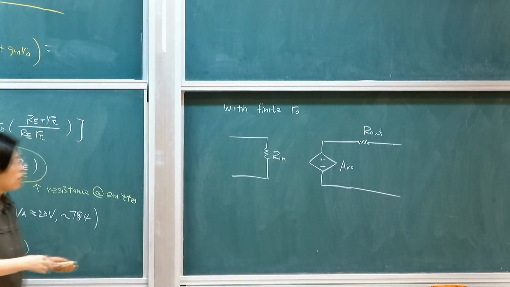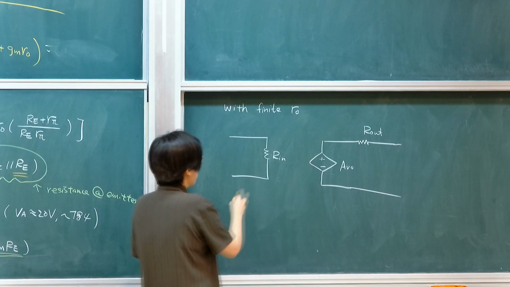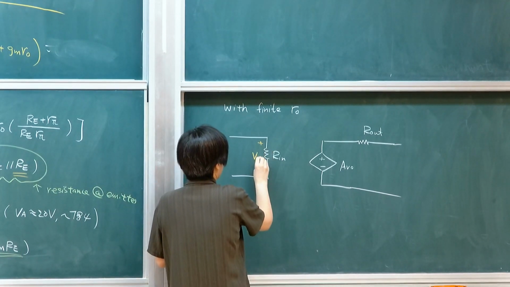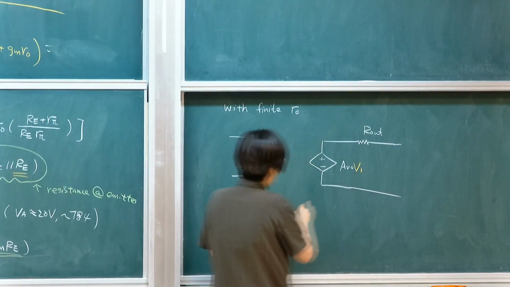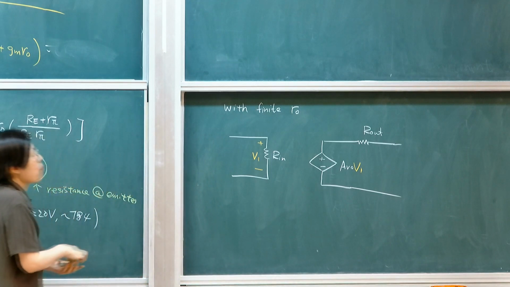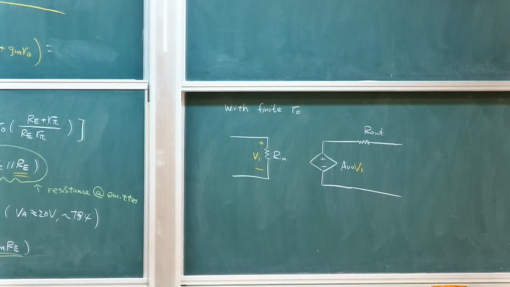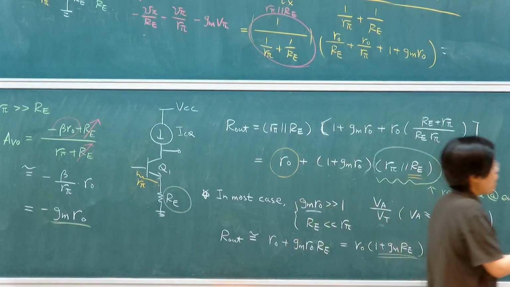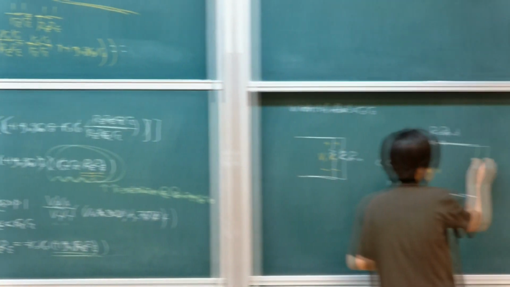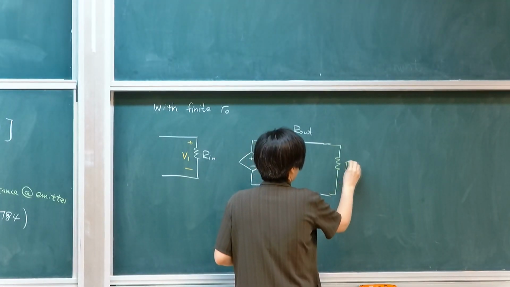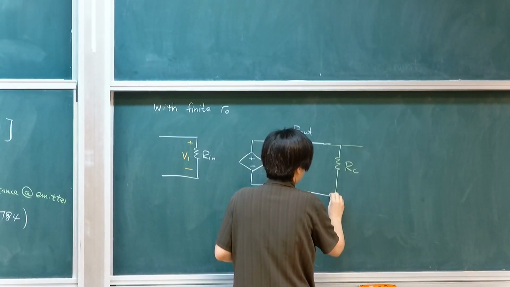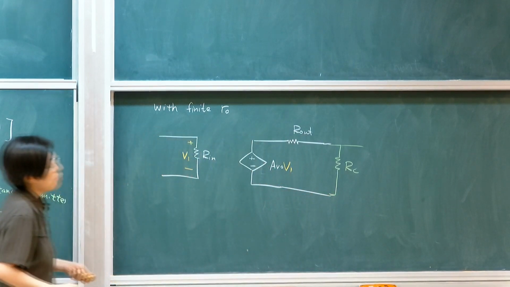So with the finite RO, you would then have a two-pole model looking something more like this. This is V1. If I'm refining my results by connecting this back to the resistor, back to RC, then what happens is that you insert this resistance back by adding a load back to the circuit.